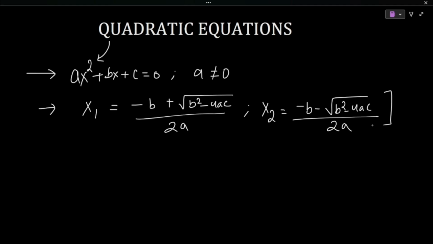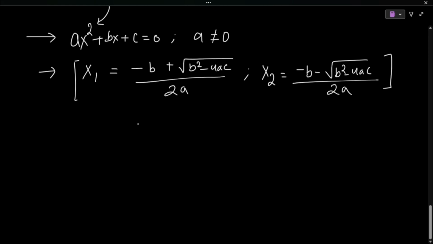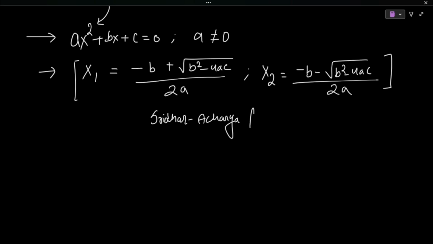Now we are going to talk about how we got these solutions and what are the benefits of using this directly in solving quadratic equations. First of all, this is called the Sridhar-Acharya formula, also known as the quadratic formula, but it was Sridhar-Acharya who basically found this or maybe popularized this. I'm not really aware of the concrete history behind this, but this is what it's called.